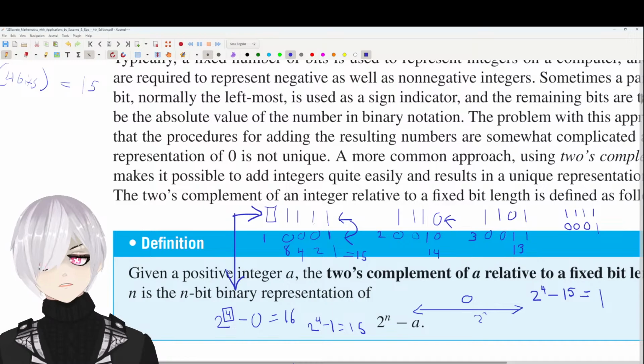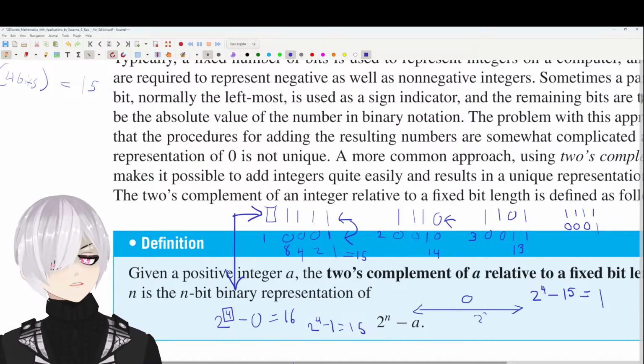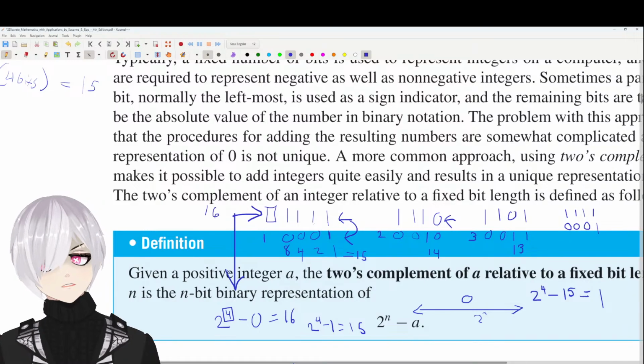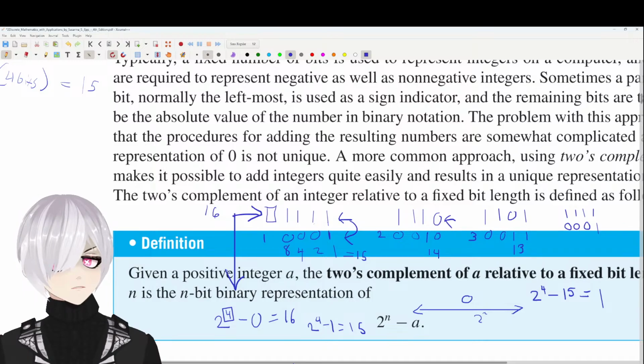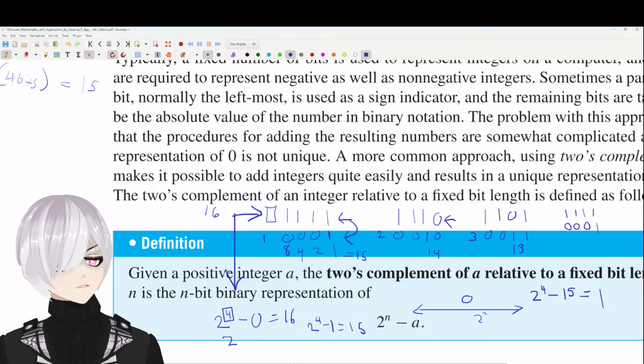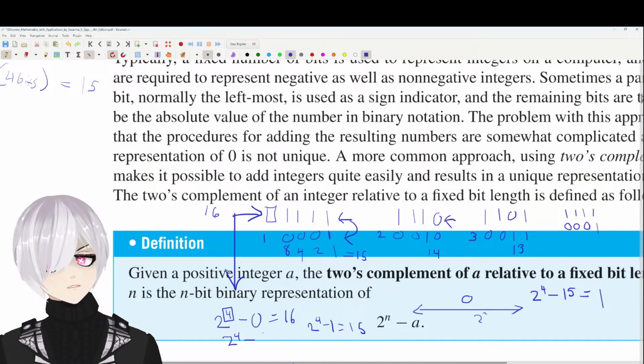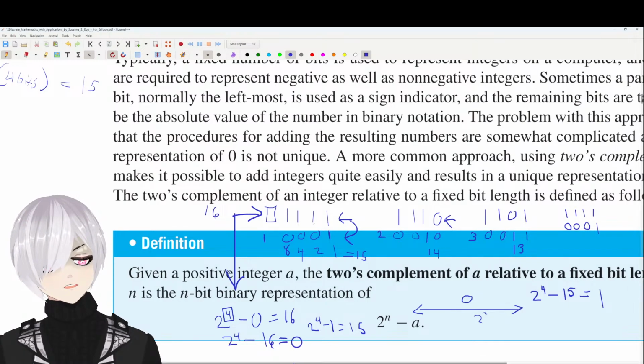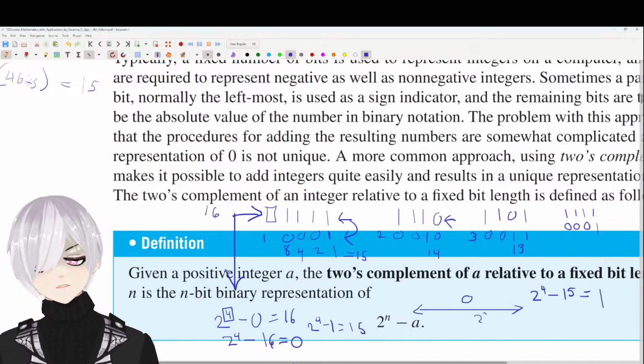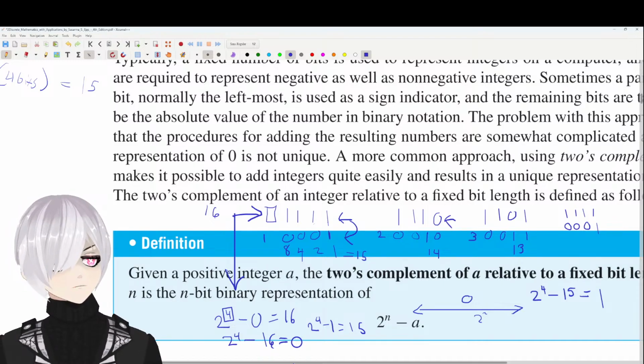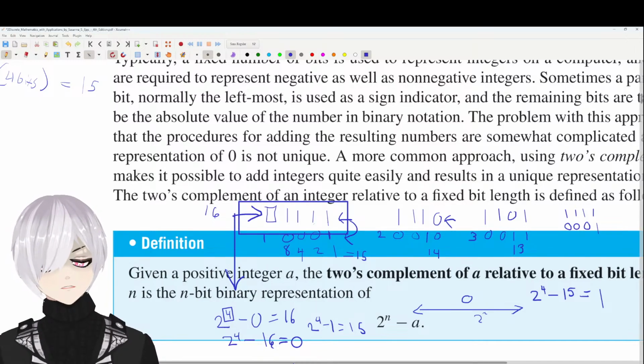you can't represent 16, but I guess the formula doesn't care about that. You can put 2 to the 4 minus 16 into the formula and it gets you a result. It might be entirely unrelated to the limitations of what you can actually represent with 4 bits.